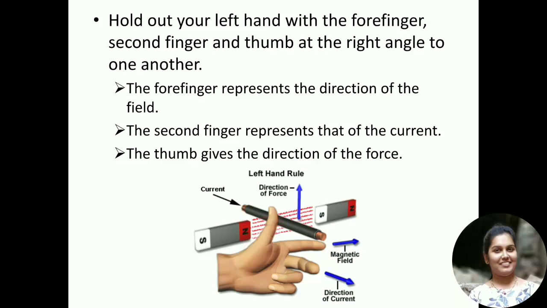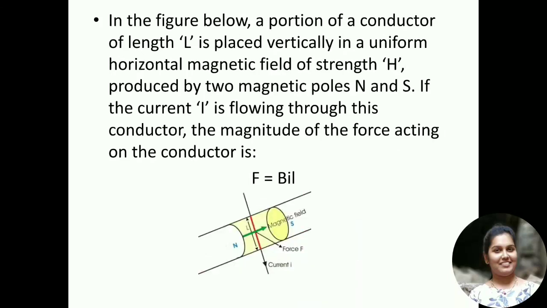The forefinger represents the direction of the field, as you can see on the screen. The second finger represents the current, and the thumb gives you the direction of force.